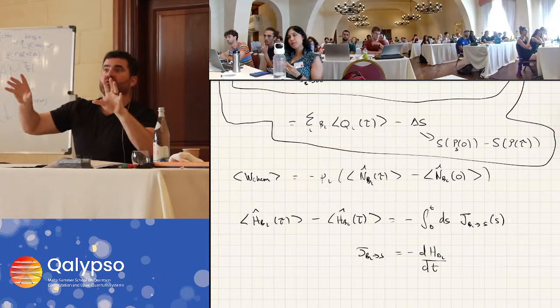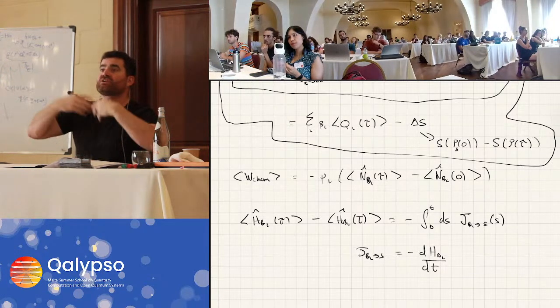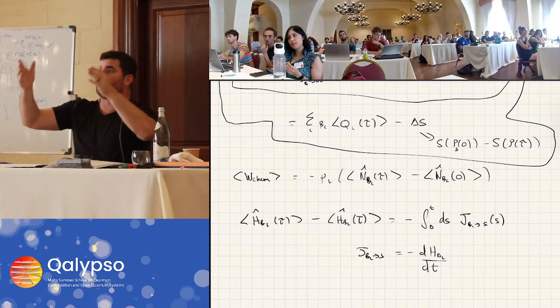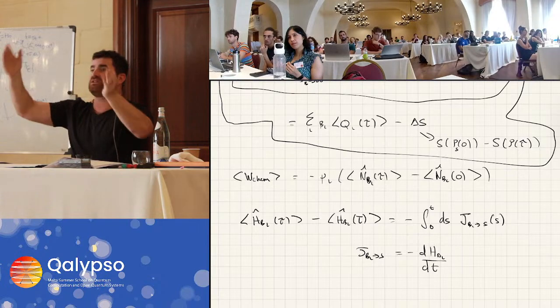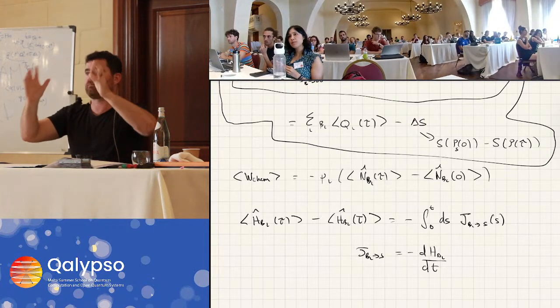Usually, if you come from an open systems background, your natural inclination would be to write down a master equation and assume additivity of the dissipators in each bath. Mark has a very nice paper a few years ago with Martin Plenio describing that.